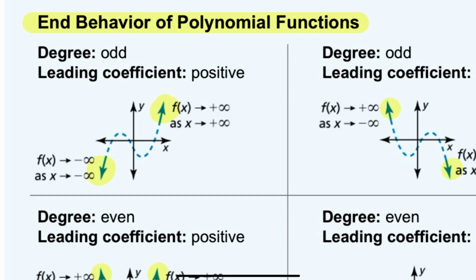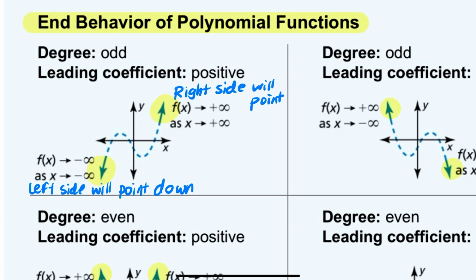This is a fancy way of saying that the left side of the graph will point down. And over here, this is a fancy way of saying the right side will point up.